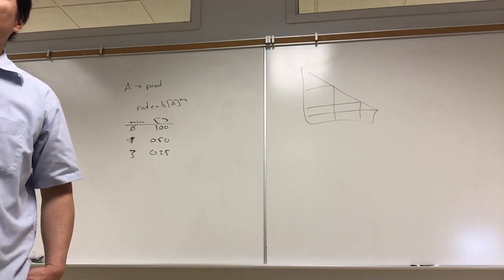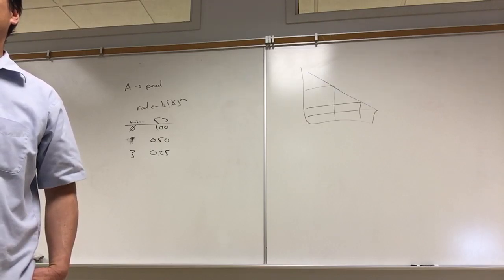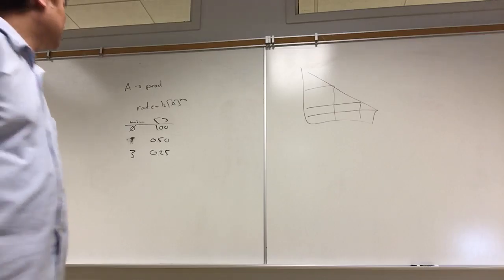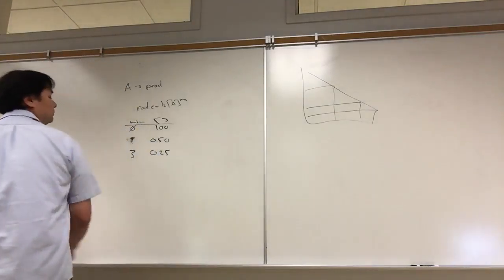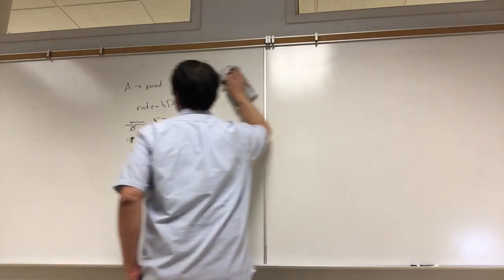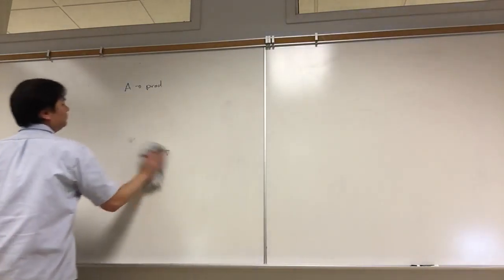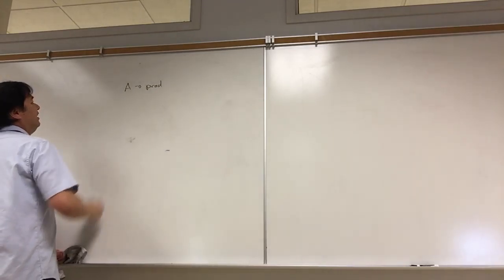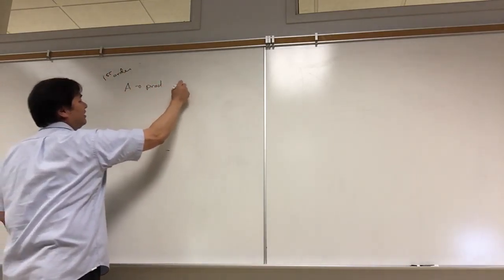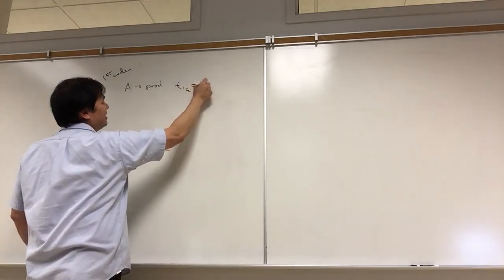Number what? 17 on the practice test or on the homework? Can you read out the question and we can cover it? The first order reaction A in products has a half-life of 180 seconds. So it's first order, and T1/2 is 180 seconds.